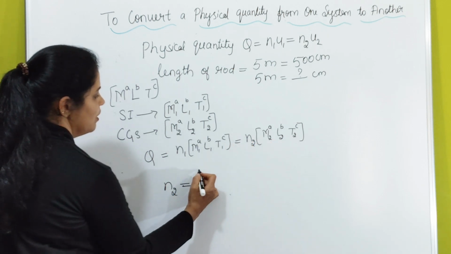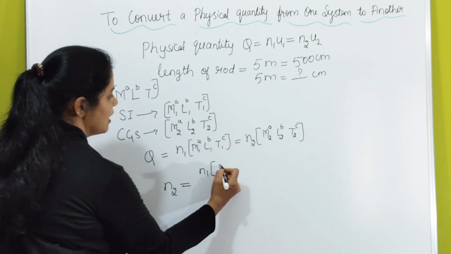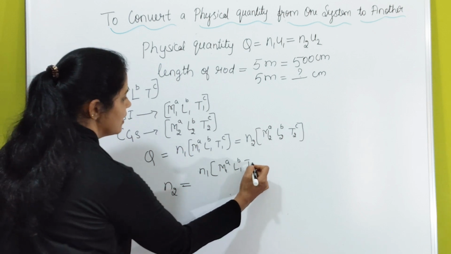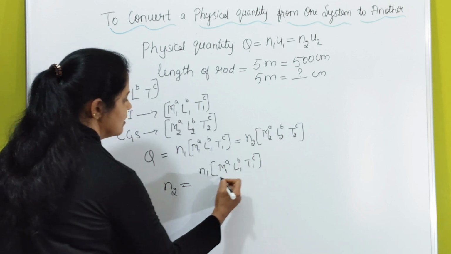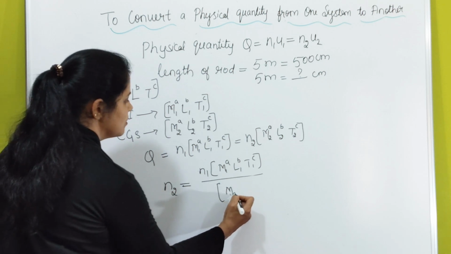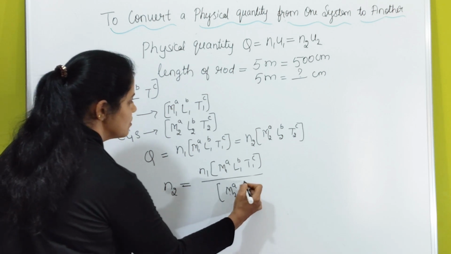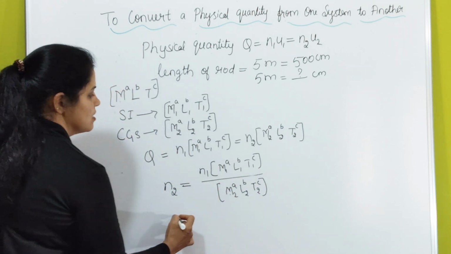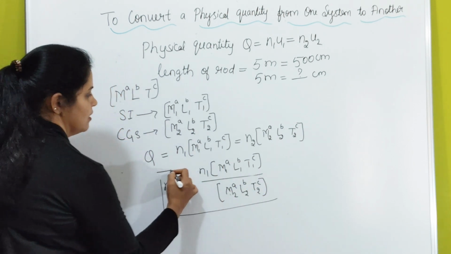N2 is equal to N1 into M1 to the power A, L1 to the power B, T1 to the power C divided by M2 to the power A, L2 to the power B, T2 to the power C. We use this relation. Okay.